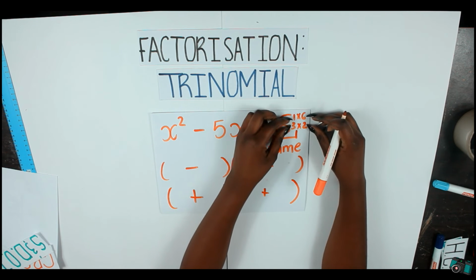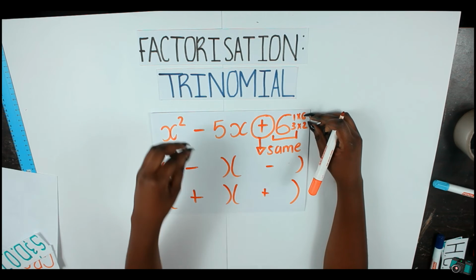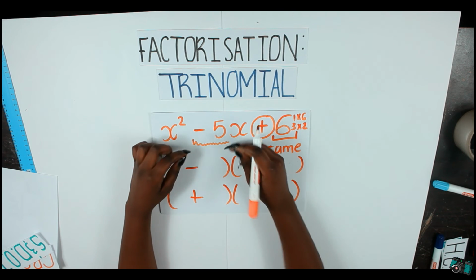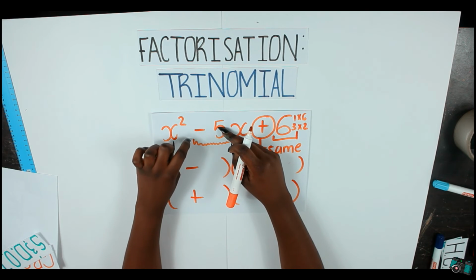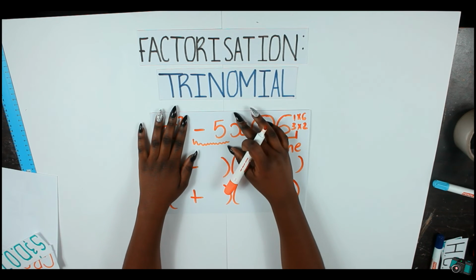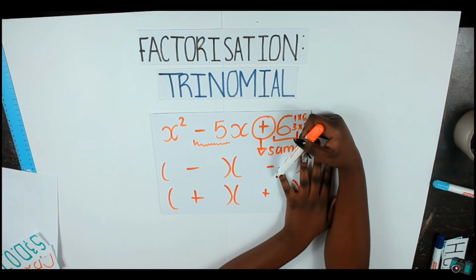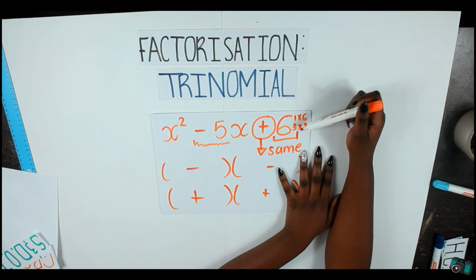Then you have to choose a pair of numbers that gets you back to the number in the middle. You have to get back to negative 5. Carry the sign with you. So which one will get me to negative 5?